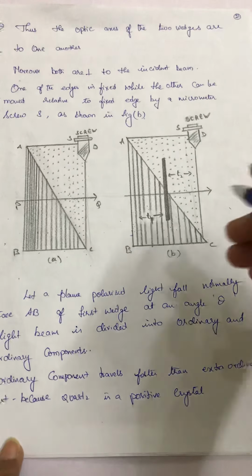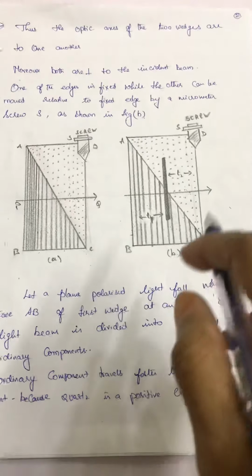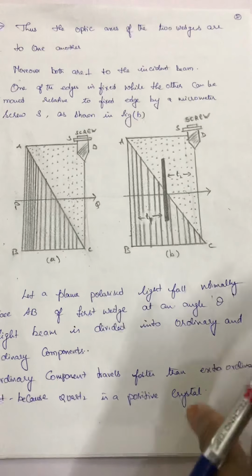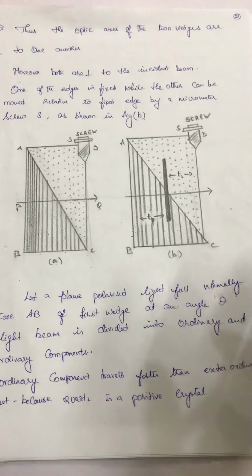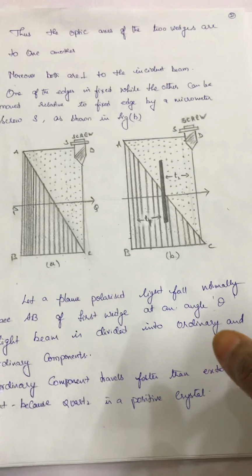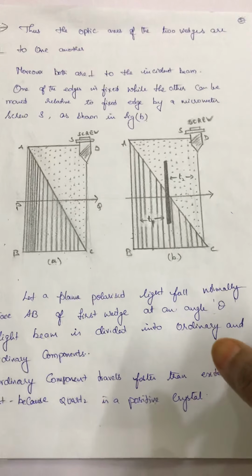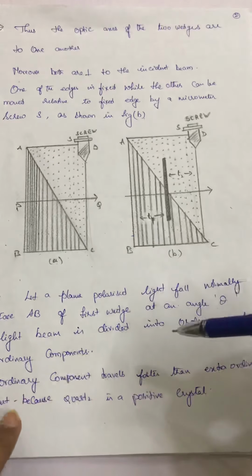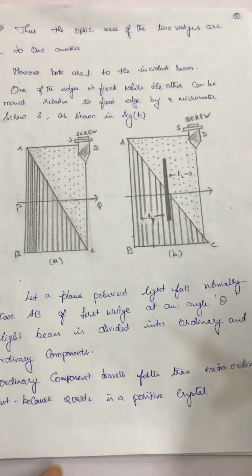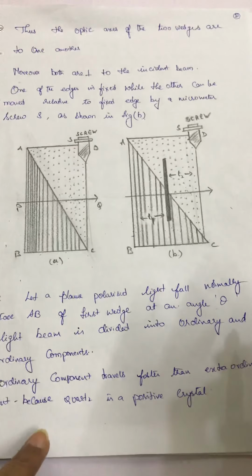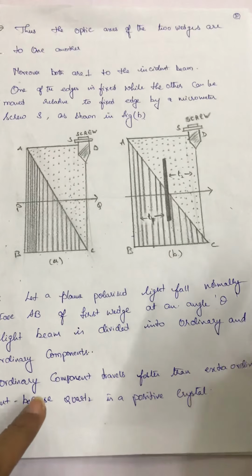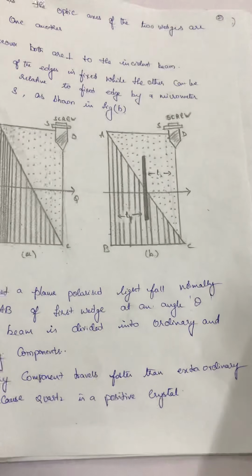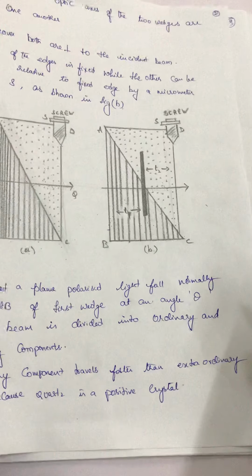They travel along the same path but with different velocities. They have their own speeds. The ordinary component travels faster than the extraordinary component because quartz is a positive crystal. That's why the ordinary travels faster than the extraordinary component.